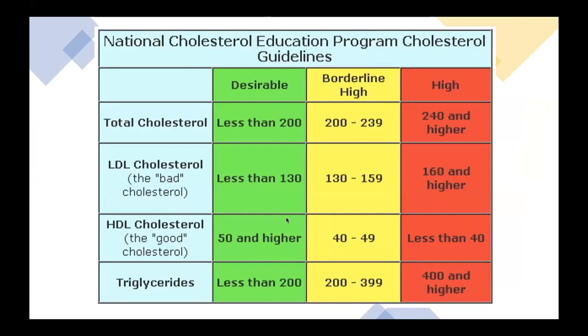And there are two types of cholesterol: HDL cholesterol, which is good, and LDL cholesterol, which is bad. Too much of the bad kind or not enough of the good kind increases the risk. LDL is a bad cholesterol, and it should be below 130 milligrams, and HDL should be above 50 milligrams. And you will see at the end triglycerides, another fatty substance in the blood, and they should be less than 200 milligrams per dL.